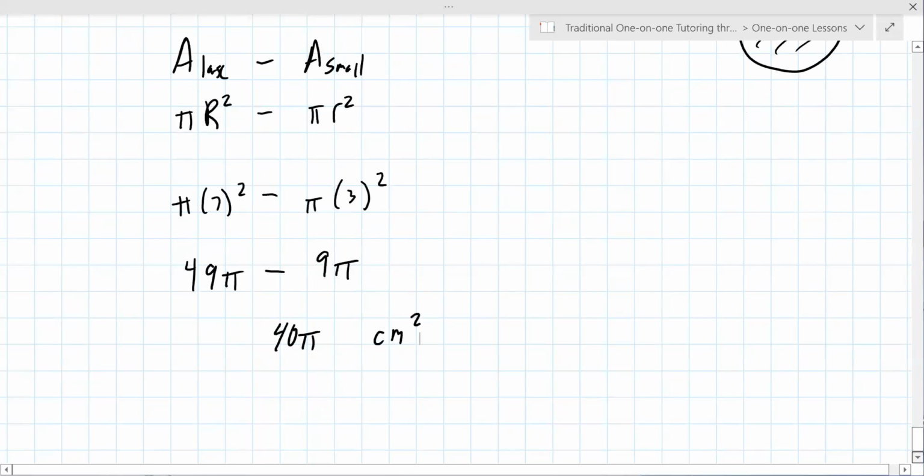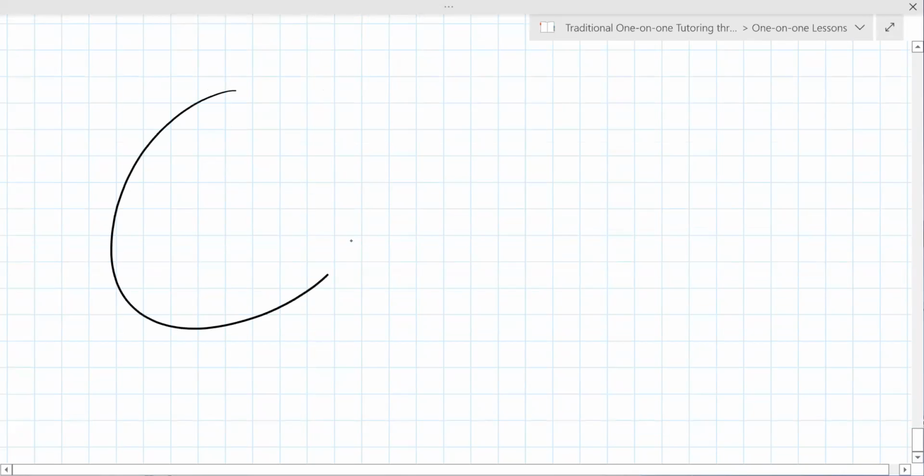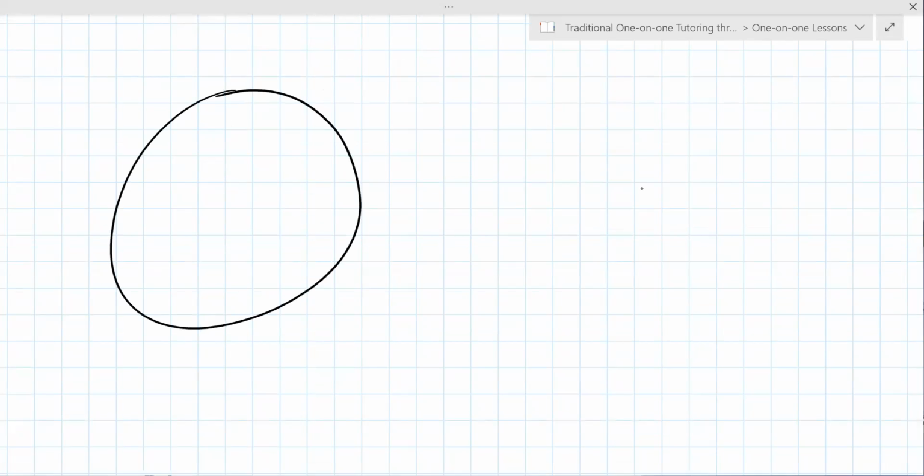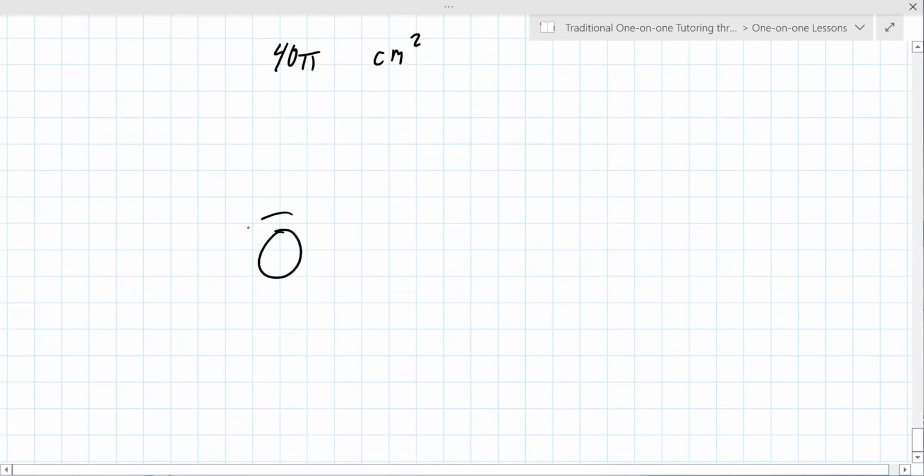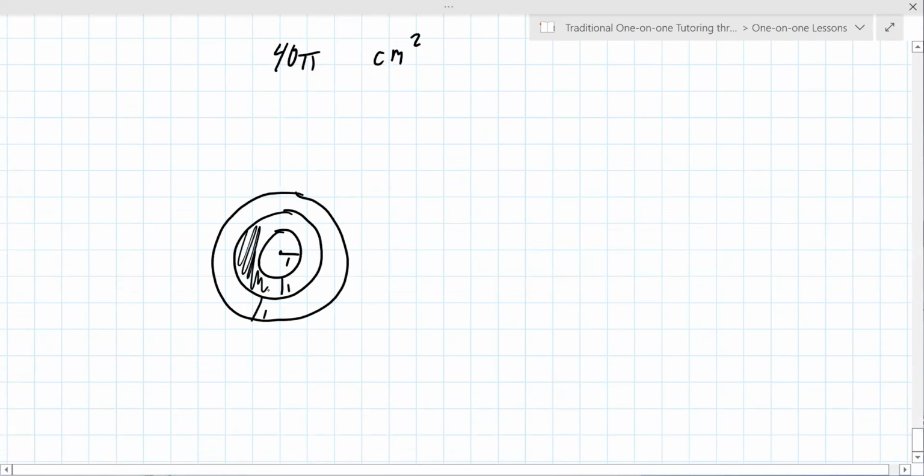Sometimes you see a problem like this. Let me redraw it here. They give you 3, and they say that's 1, and that's 1, and that's 1, and they want the area of this one maybe. So you just don't get distracted.